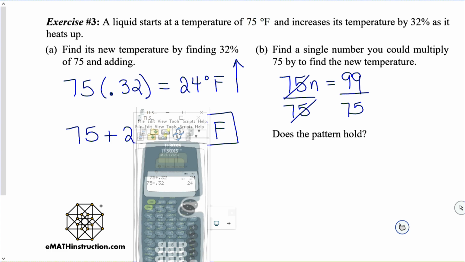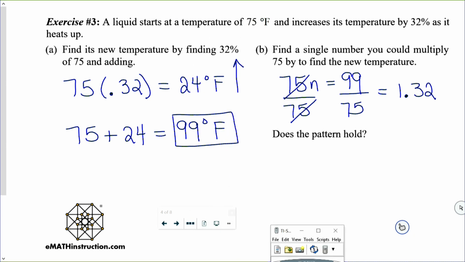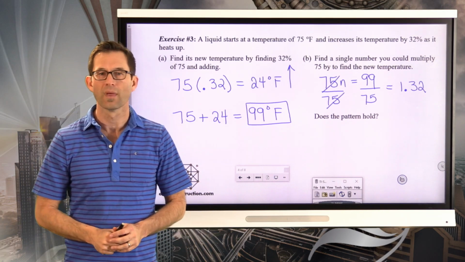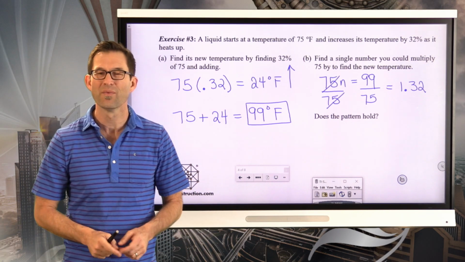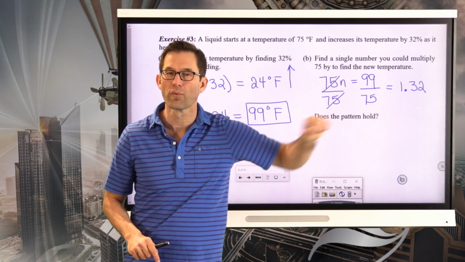Right? And again, this is what that calculator is all about in this lesson. 99 divided by 75 equals 1.32. The question is, does the pattern hold? And the answer is absolutely, right? Because what was the number that we could have used? 1.32.